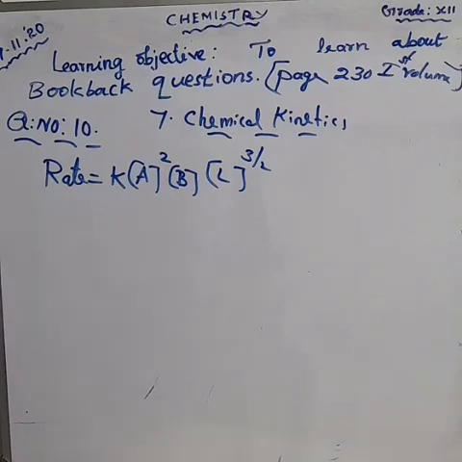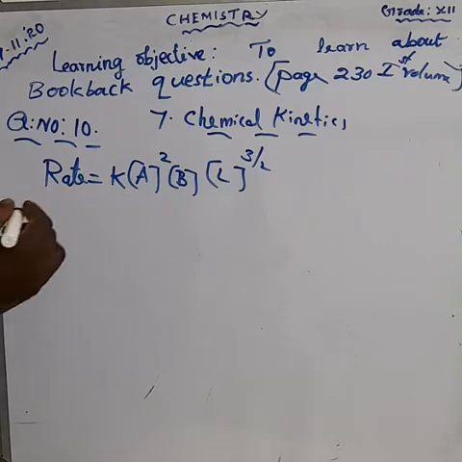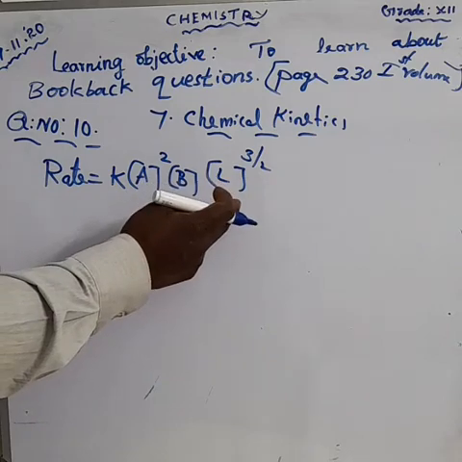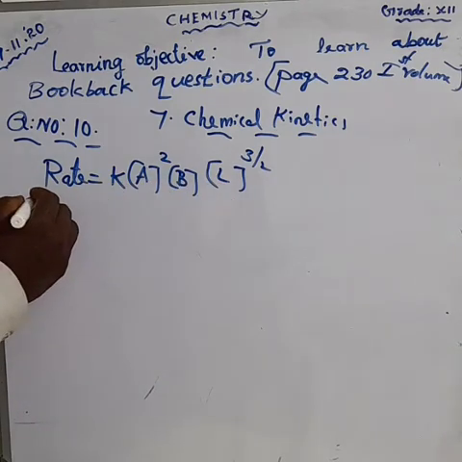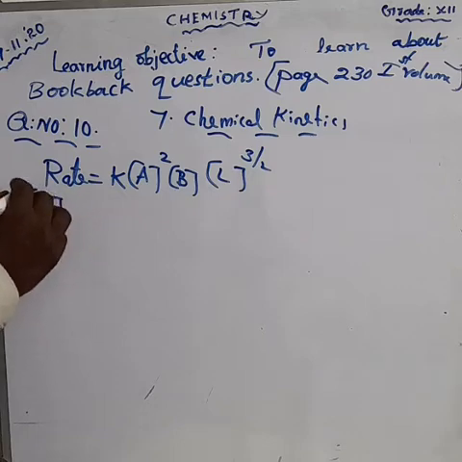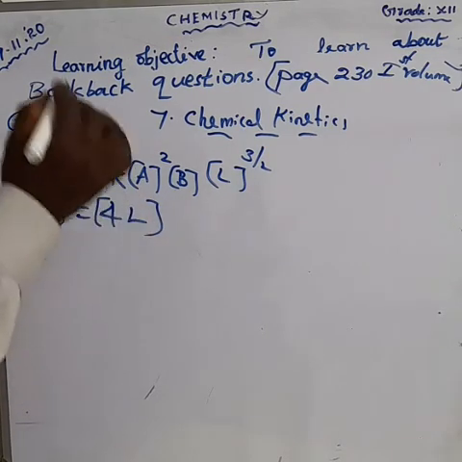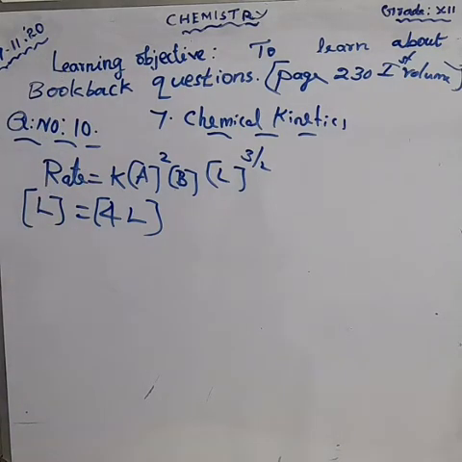That is the first condition. How would the rate of the reaction change when the concentration of C is quadrupled? That means by 4 times. You should multiply by 4 times. So the concentration of C is multiplied by 4 times, so C becomes 4C.